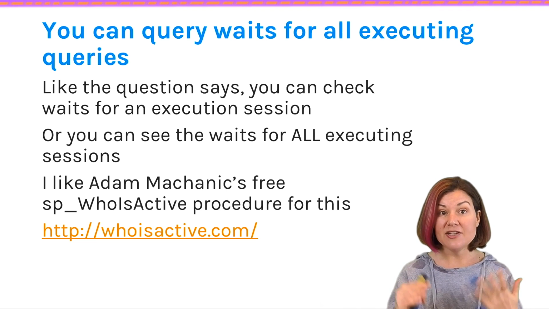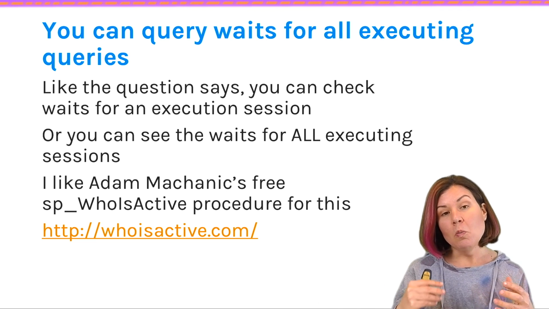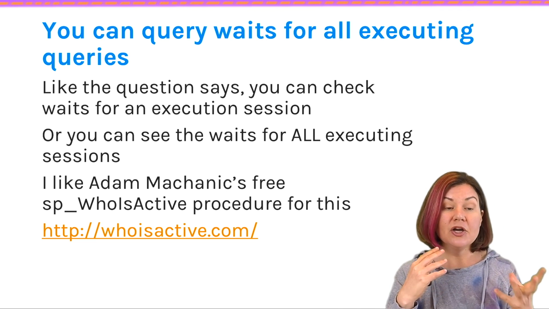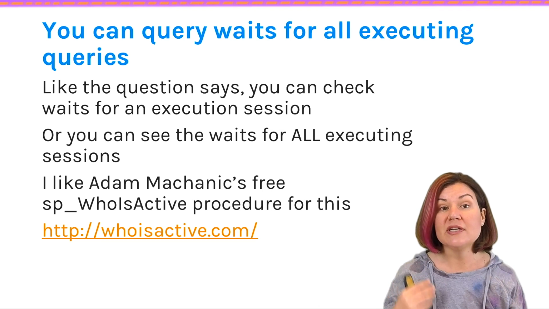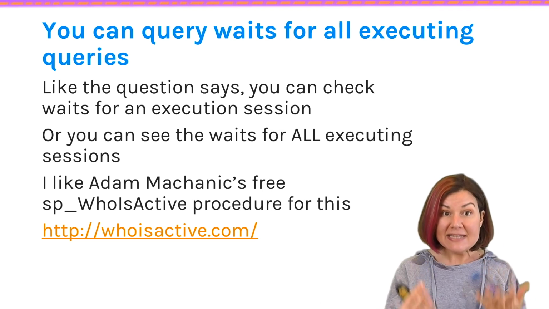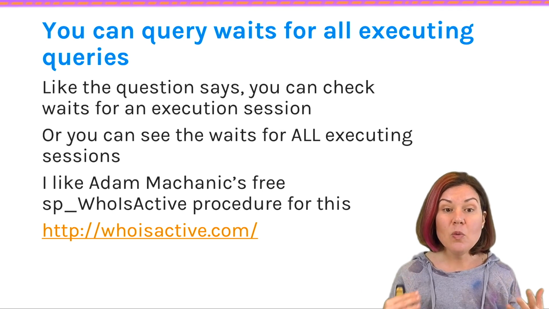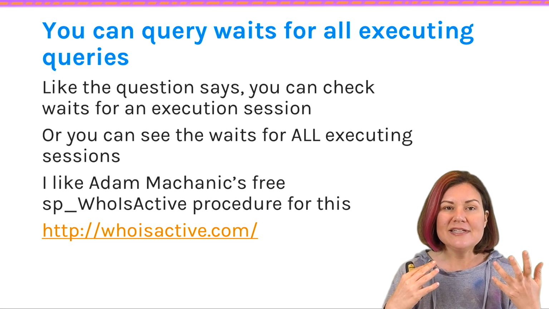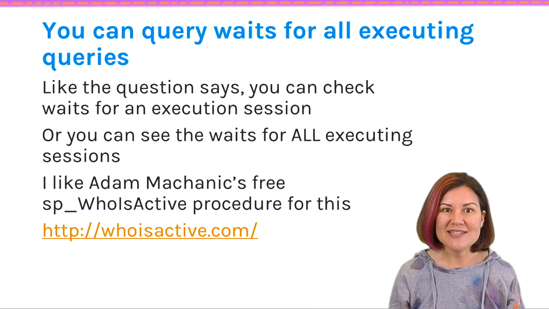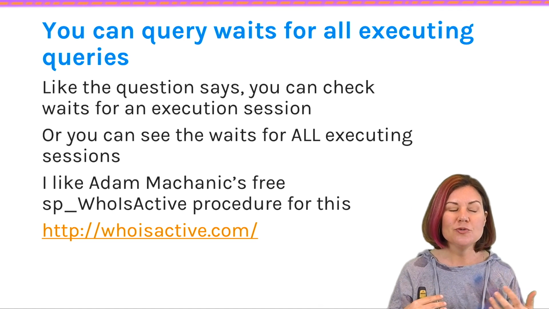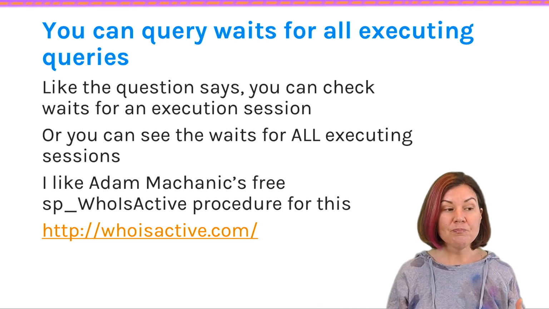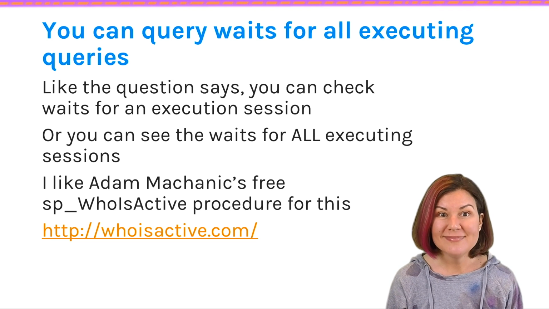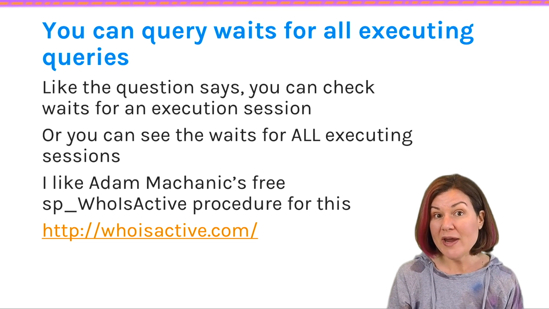Like the question says, you can say, hey, what are the waits for a currently executing session? Similar to this, you can say, I want to see the waits for every query that is executing or has an open transaction. You know, for everyone who's doing something right now, are they waiting? And if so, what are they waiting on?